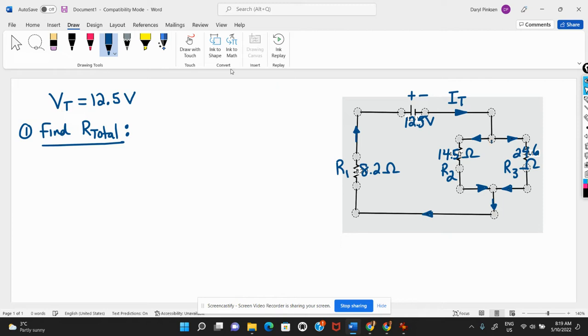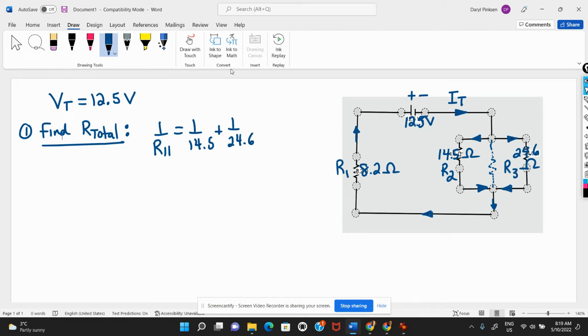So I want to collapse those two down and find out what is the equivalent resistance that those two resistors possess. So I use this method: 1 over R parallel equals 1 over 14.5 plus 1 over 24.6. And I can do all of this in one step on my calculator.